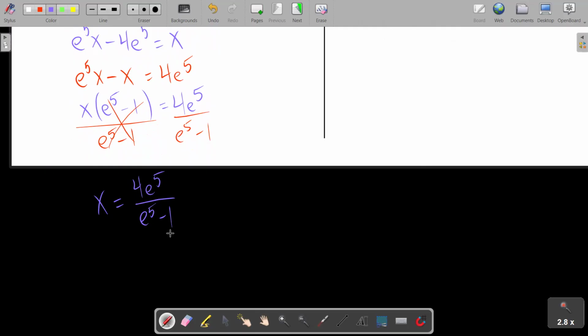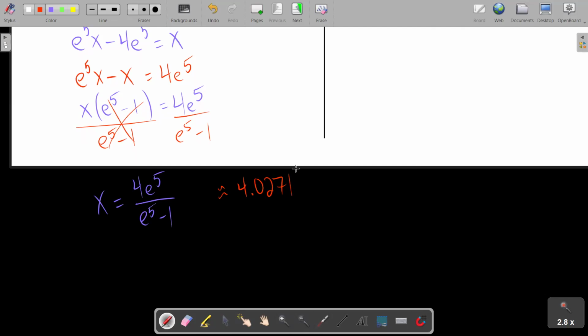And before we box it up or cross it out, just be advised, you want to have a good calculator with you when you take tests like this, because your calculator, when you type this in, will tell you that the value of this is around 4.0271.